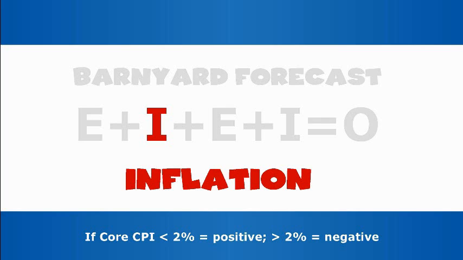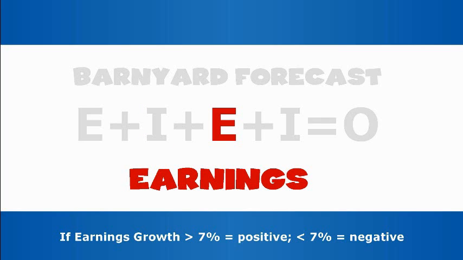The next letter in the equation is E for earnings. The historical average corporate earnings growth rate, earnings per share growth rate, has been about 7% over the long term. This is one number that is somewhat independent of the Fed. I'm sure they look at corporate earnings growth rates, but it's not formally a part of their model.